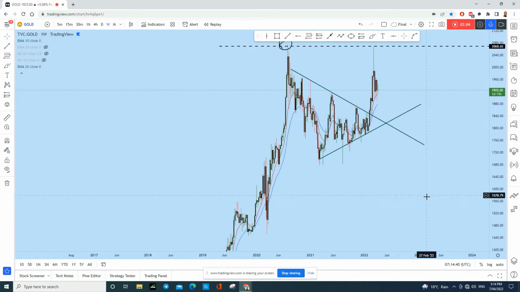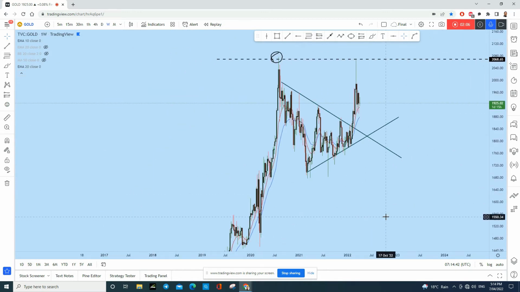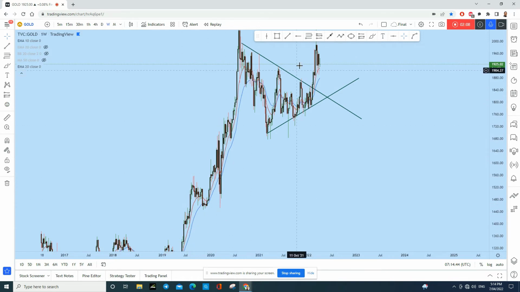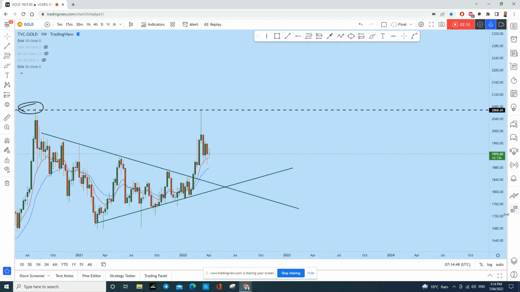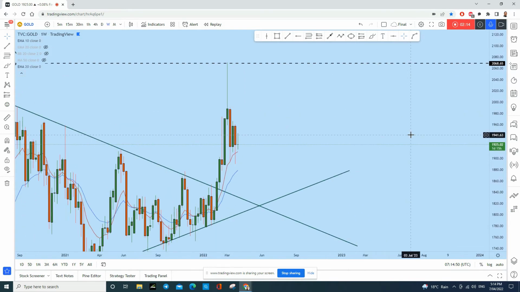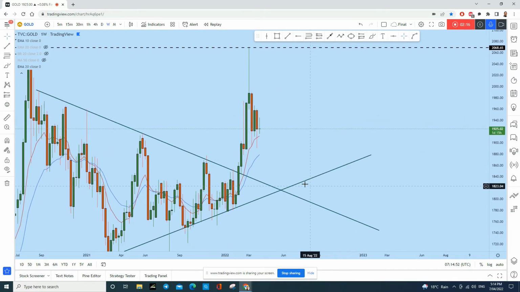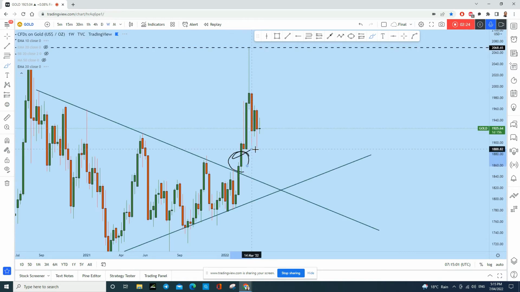So at this point, this is the weekly chart. As you see, this is a long term bullish market, and bullish momentum is expected. But there is one important clue here that we need to keep in mind: gold has created an imbalance in this zone.